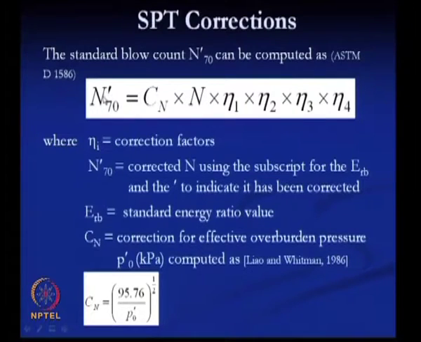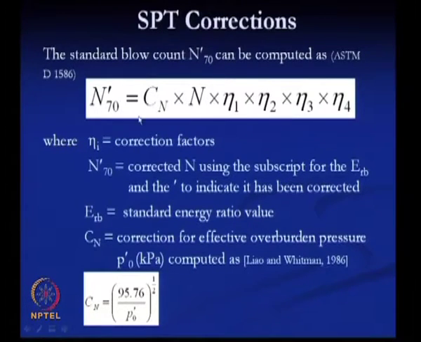The 70 indicates the standard energy ratio value, because, as we have defined the energy ratio, this 70 is the standard energy ratio. In the field it is observed that this standard energy ratio is 70. So, generally we express this N value as N 70, at the standard energy ratio.